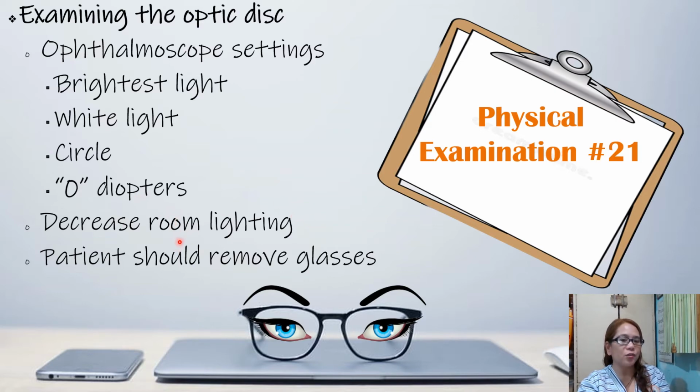You need also to decrease the room lighting, hindi masyadong matingkad yung light, and ask the patient to remove the eyeglasses, kasi malapit dapat yung ophthalmoscope. However, sa mga ophthalmologists talaga, meron na silang mga machines na ginagamit na hindi na ophthalmoscope.